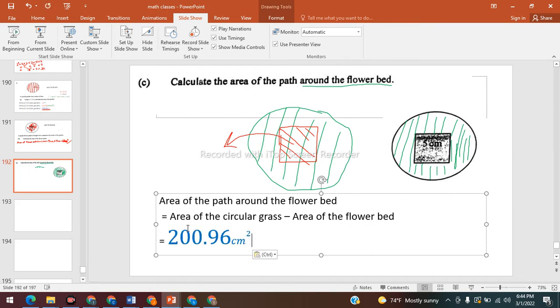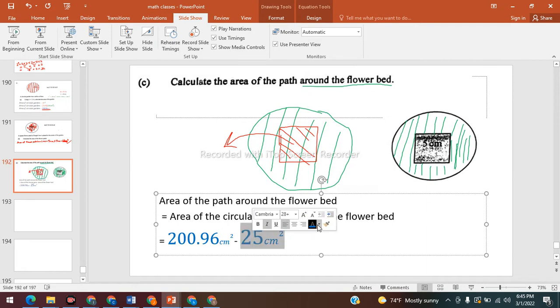The area of the circular garden, we saw that's 200.96, minus the area of the flower bed, we saw that was 25 centimeters squared, right? And so that's going to be equal to how much? 200.96 minus 25.